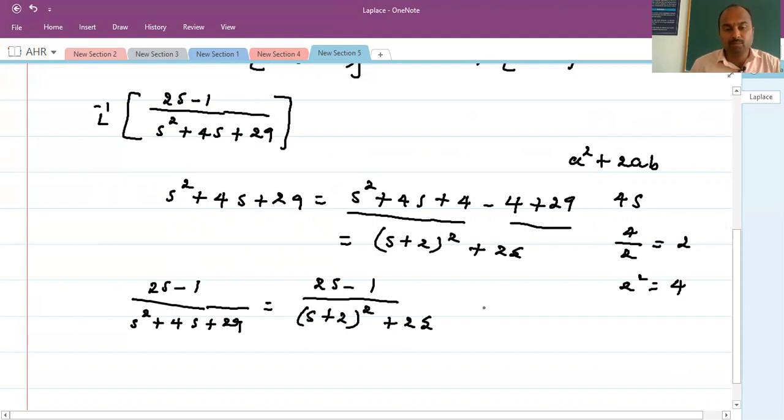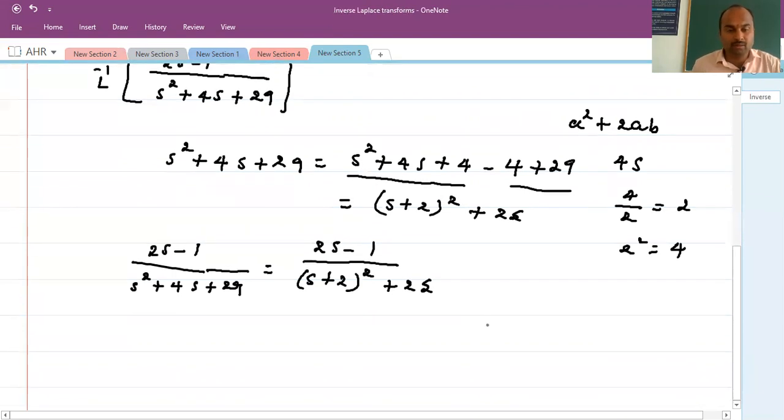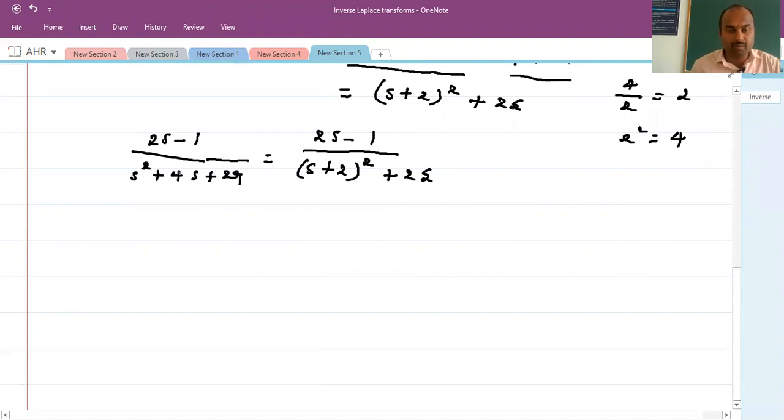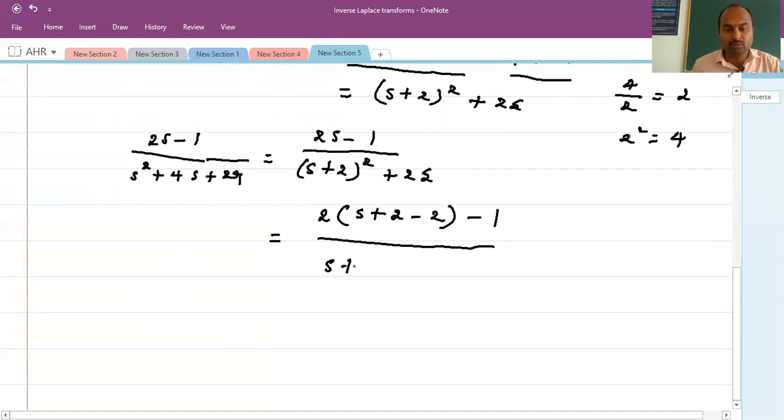Since we have s plus 2 in the denominator, the numerator also should contain s plus 2. Here we have 2s, so add and subtract 2. So it becomes 2 into s plus 2 minus 2, minus 1, divided by s plus 2 whole square plus 25.